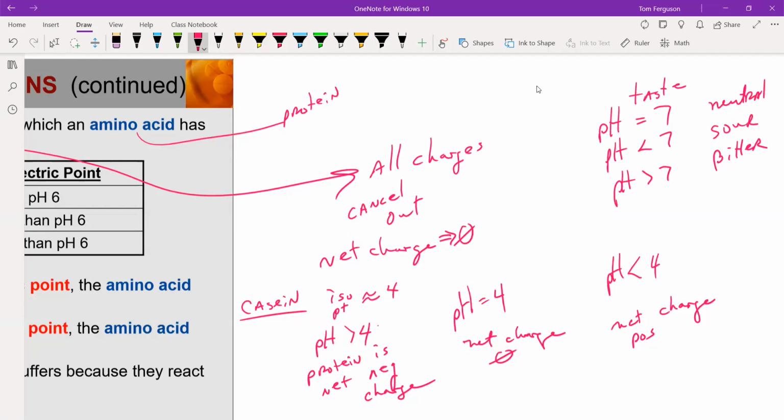When you taste something, you can tell whether the pH is less than 7 or greater than 7.